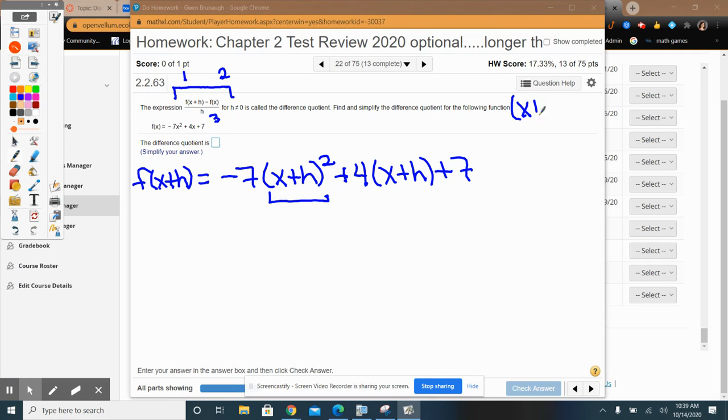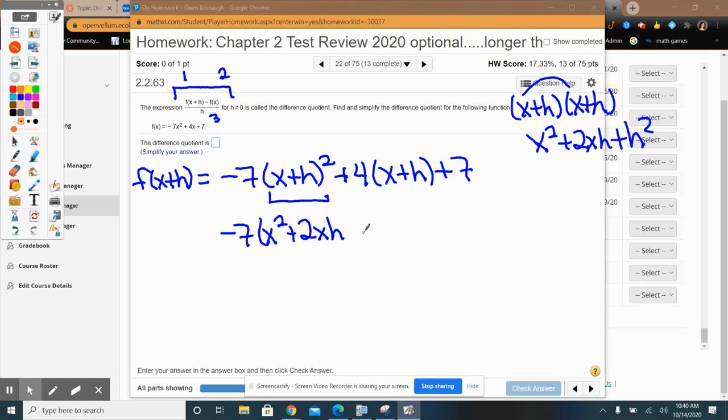Remember, x plus h times x plus h, that's x squared plus xh plus xh, that's 2xh, plus h squared. So don't forget the negative 7. That's a negative 7 times x squared plus 2xh plus h squared. And then I've got to distribute this, plus 4x plus 4h plus 7.